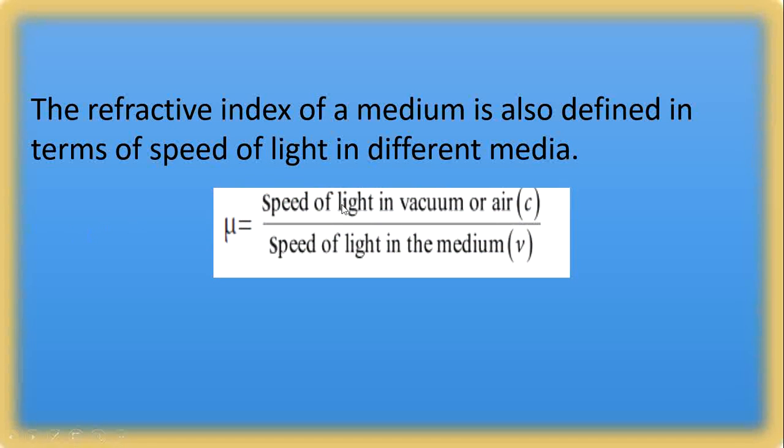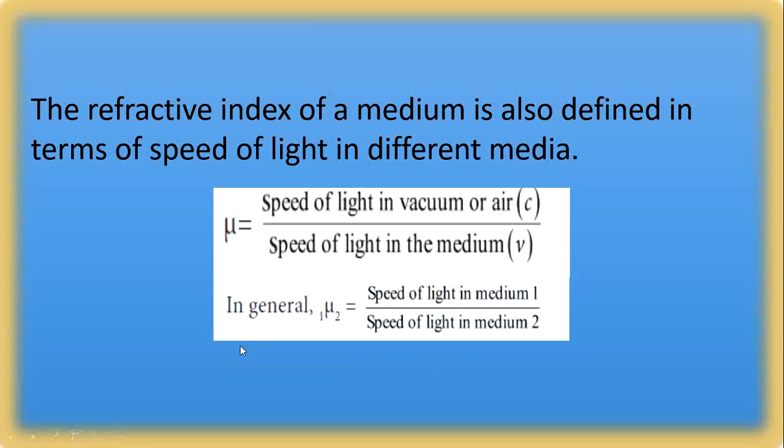Mu is equal to the speed of light in vacuum or air divided by the speed of light in the medium. Here we take air as the first medium. For the second medium we can take any medium, water, glass, kerosene, mercury, whatever it may be, it is our choice. So mu is equal to the speed of light in vacuum or air by the speed of light in the medium.